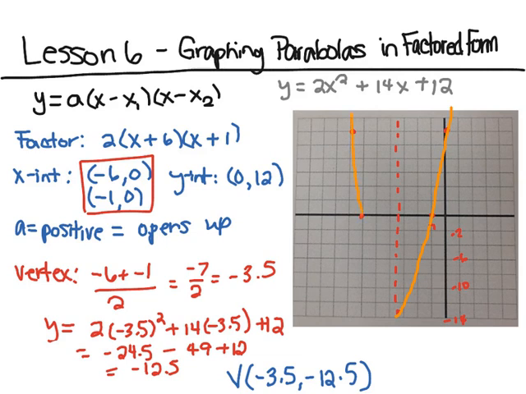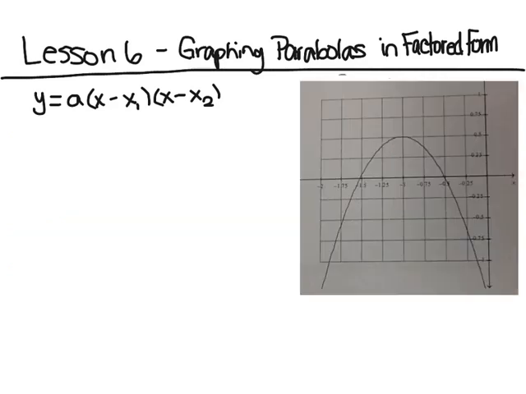And there is your parabola. f of x is equal to 2x squared plus 14x plus 12. And that's how you graph from factored form.